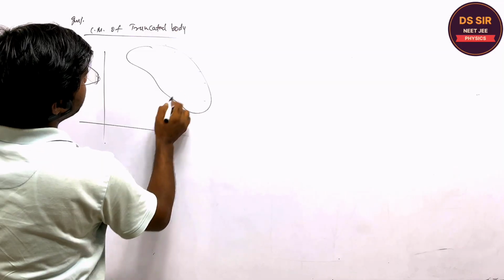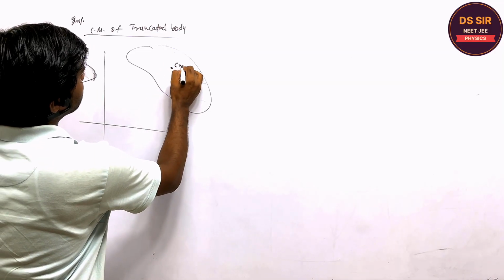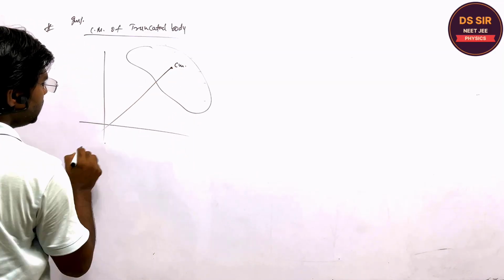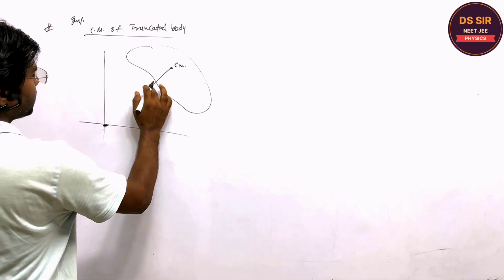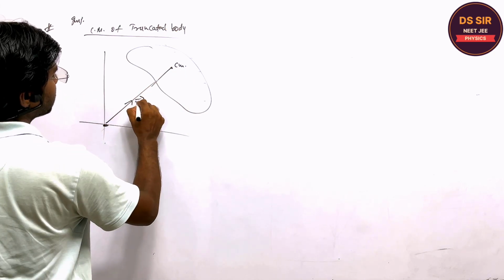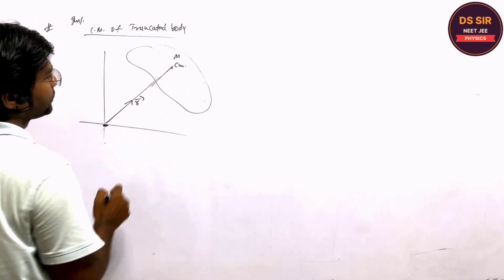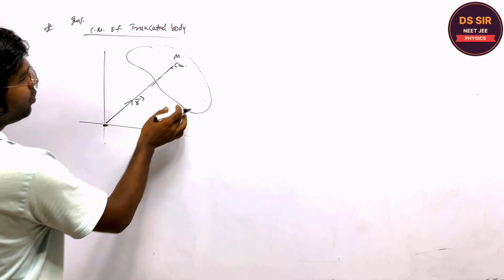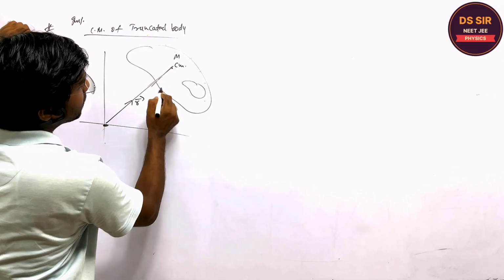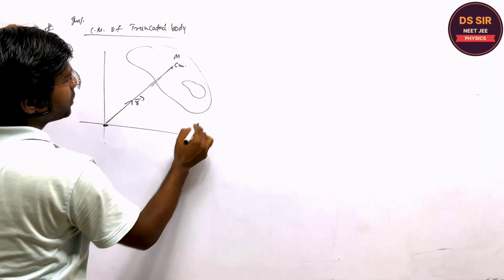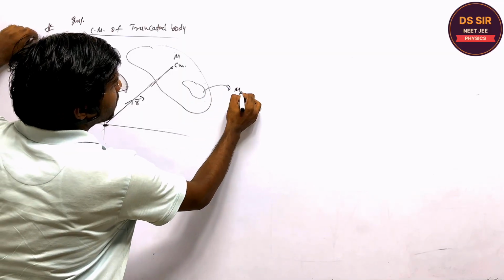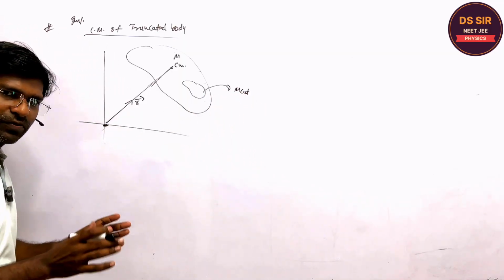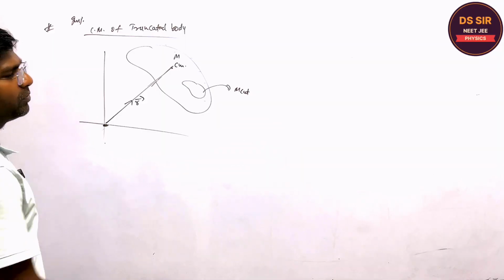If its center of mass is over here, initially the position vector of the center of mass is r vector, and this is the mass m. Now if you cut some portion, and this is the m cut, suppose this is the mass which is cut or truncated from the solid body.